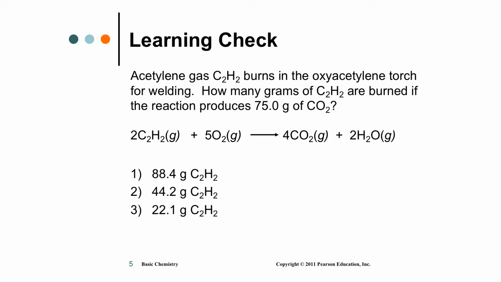Acetylene gas, which is C2H2. Let's find out what that is. If I go to the periodic table, carbon is 12.01, so I have 2 times 12.01, and then I have 2 hydrogens, which is 1.00794 each, and we're going to add those together. 12.01 times 2 is 24.02, and 1.00794 times 2 is 2.01588.